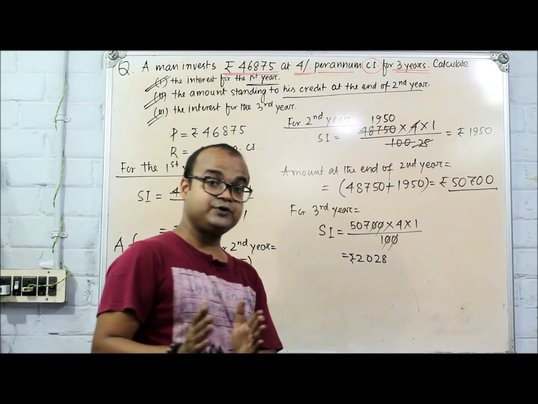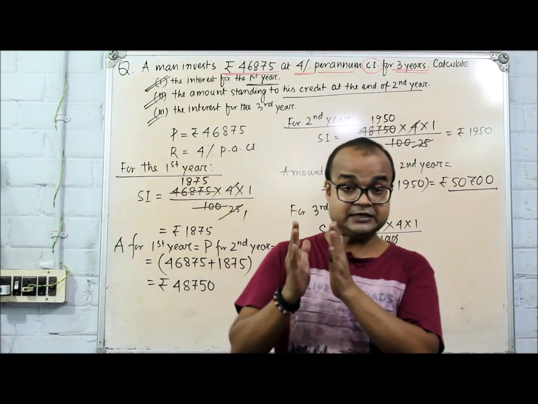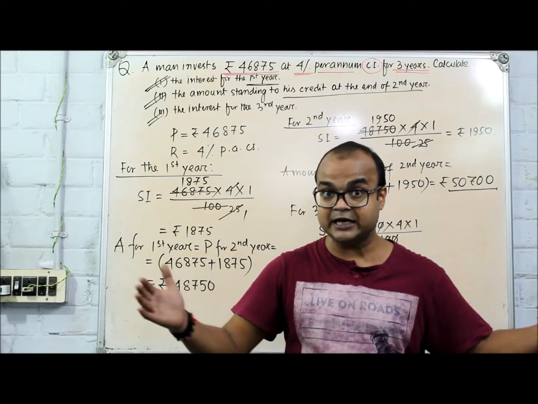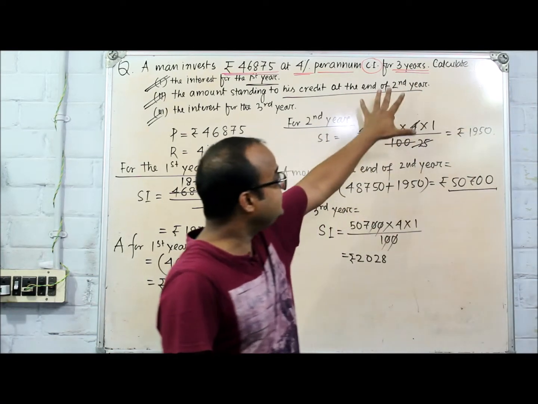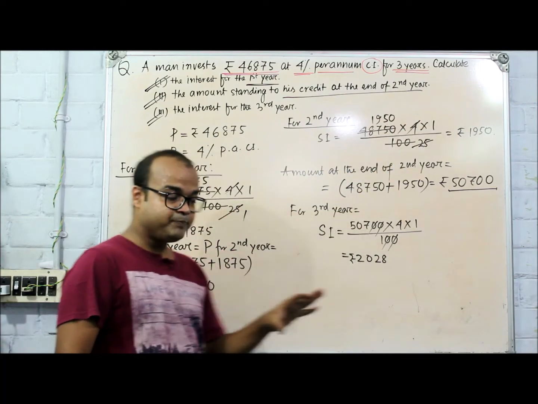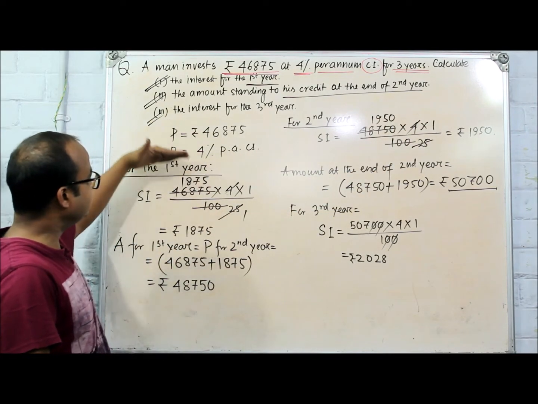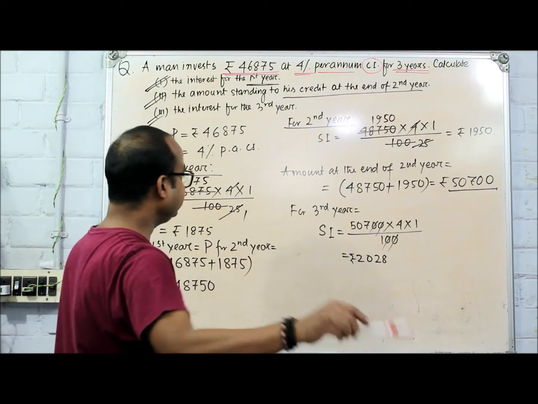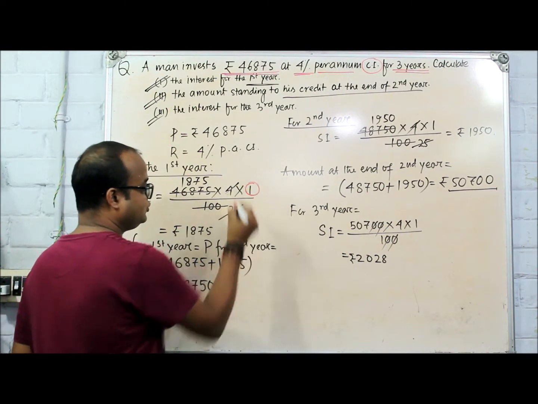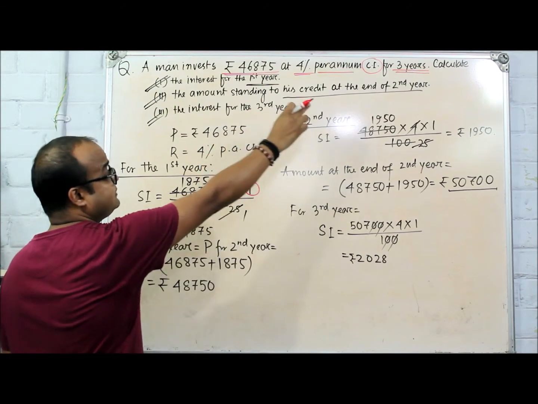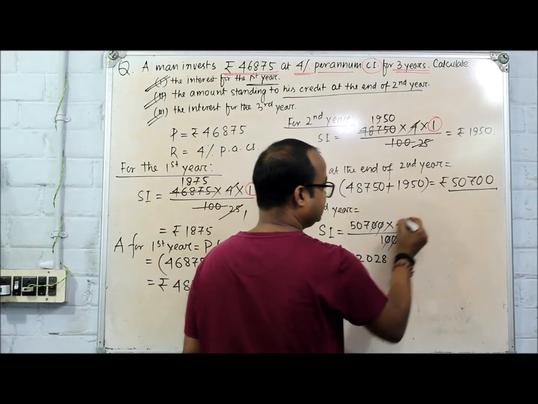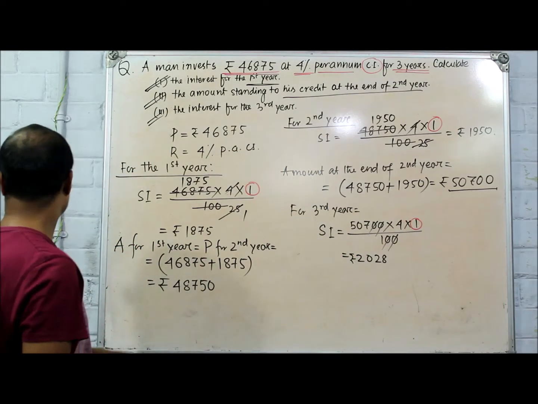But the basic difference with simple interest is, in simple interest your principal remains the same for the entire term, for the entire 3 years. But in compound interest, we are calculating SI for the first year. Here I would like to mention time is equal to 1. We are not taking the time as 3 years. Each time we are taking time as 1 year.